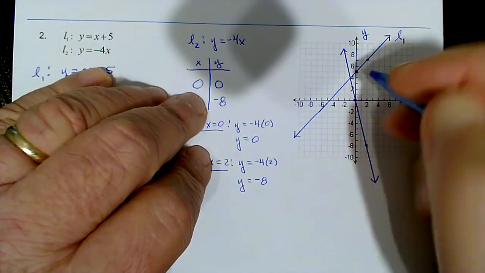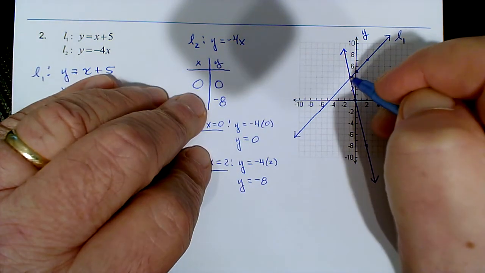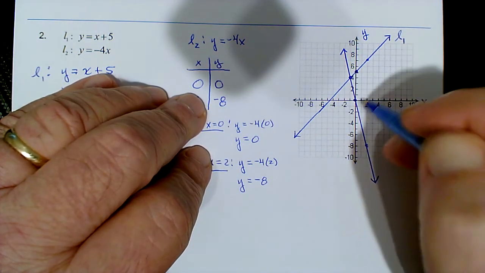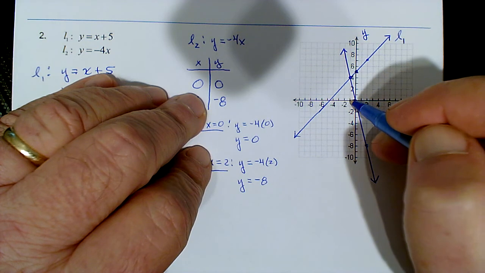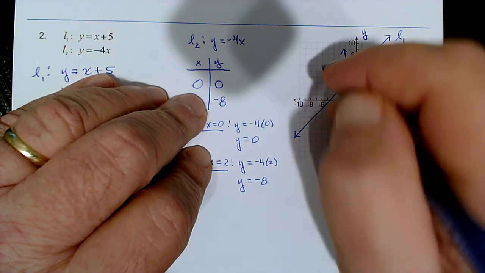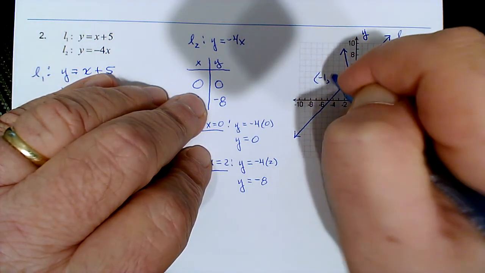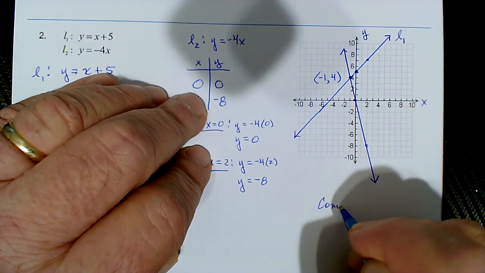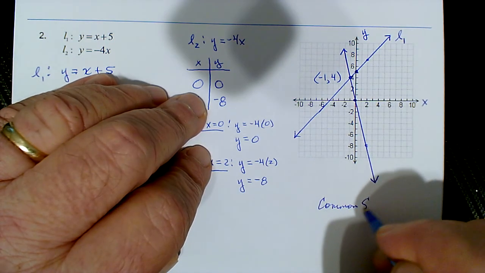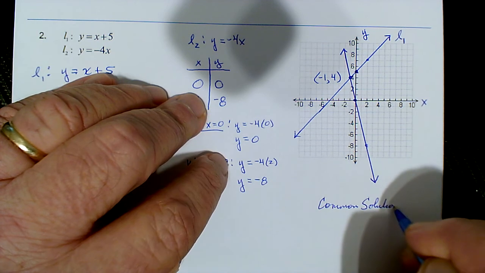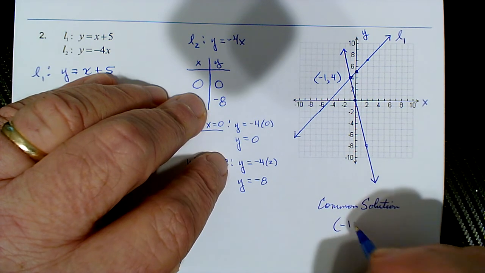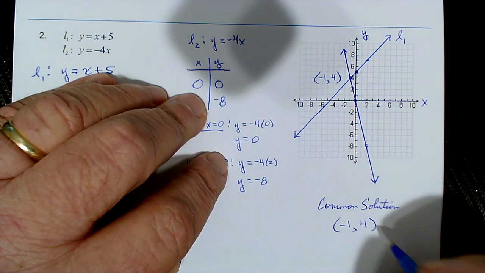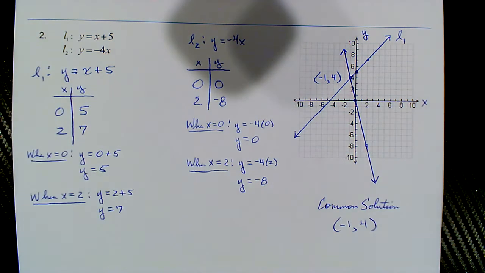Again, when you're doing this on MyMathLab, it works out perfectly. But here it looks like that point is negative 1 and 4. So the common solution is negative 1 and 4.